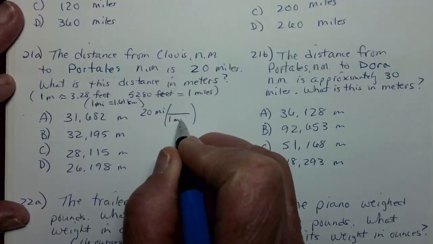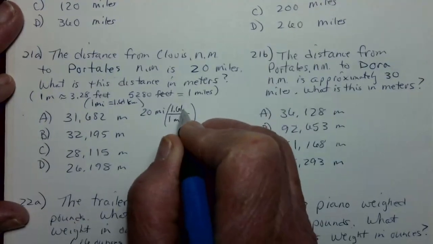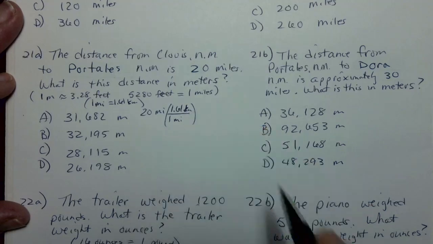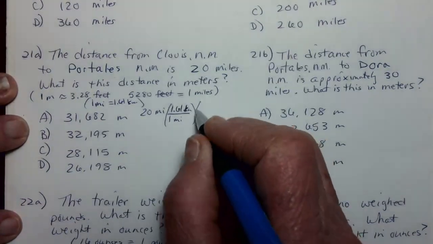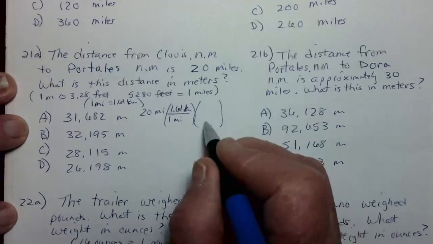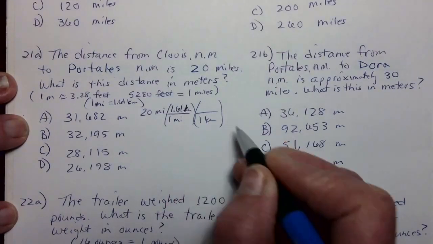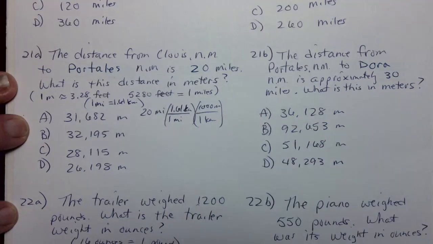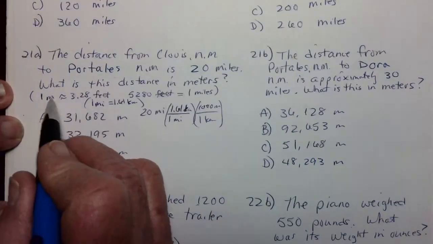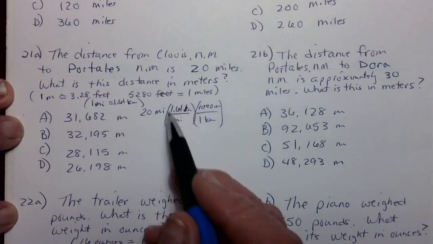So the 1 mile goes in the bottom. 1.61 kilometers goes in the top. And then I'm going to go from kilometers to meters. So in 1 kilometer in the bottom, I have 1,000 meters in the top. So you didn't need this unit multiplier. You did not need this one.